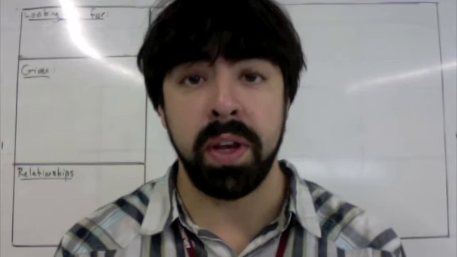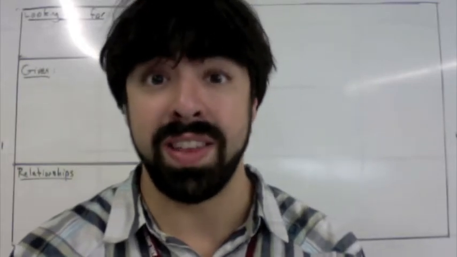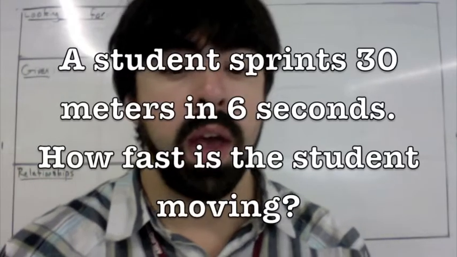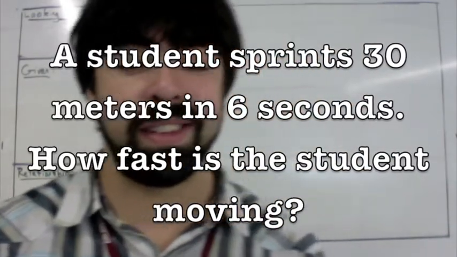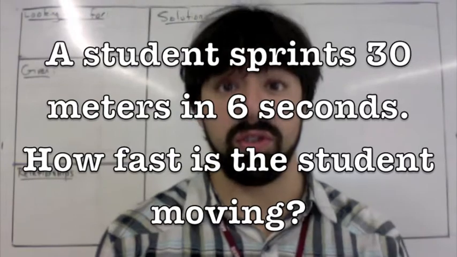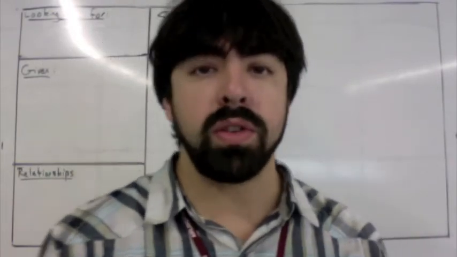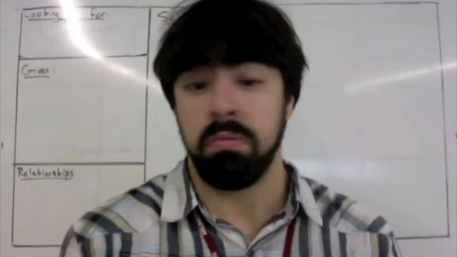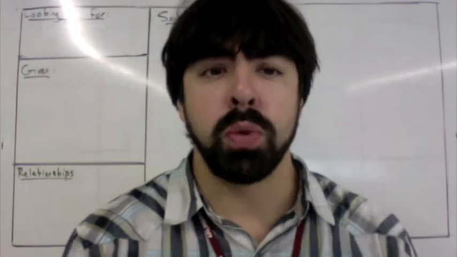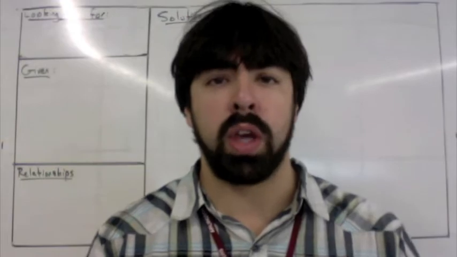To show how the speed equation works, we're going to use this example. A student sprints 30 meters in 6 seconds. How fast is the student moving? In order to solve this problem, we have to break it down to figure out the speed. So we start off with what are we looking for?